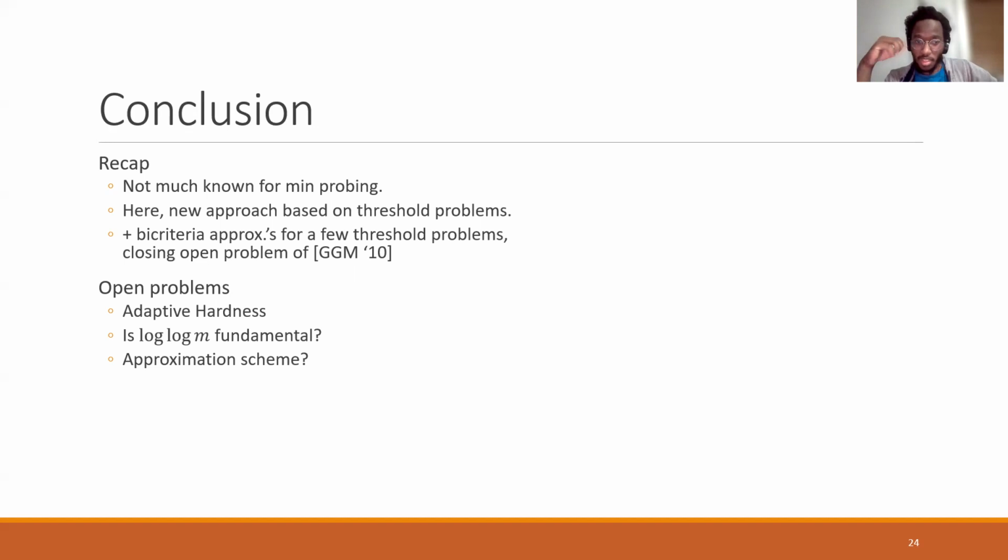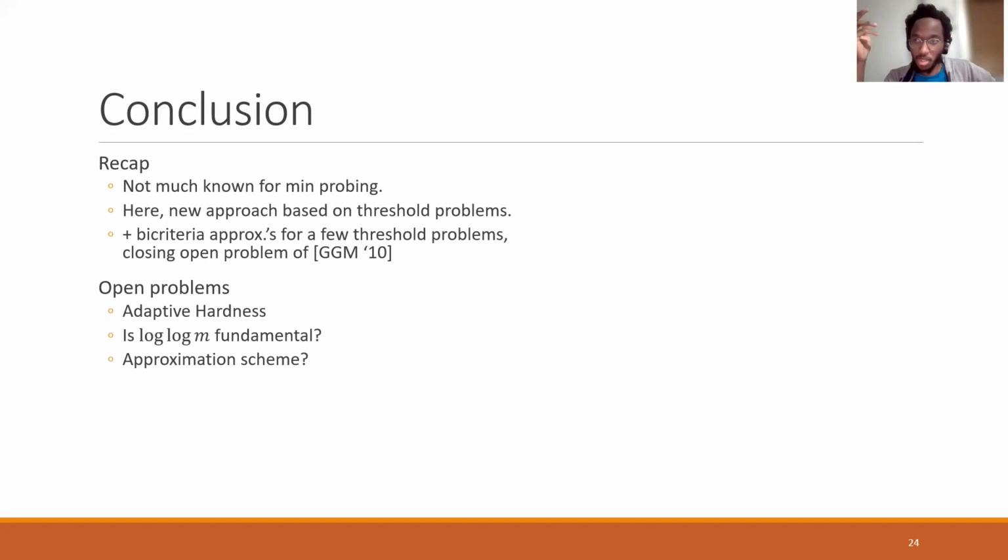Another open problem is, in our cost factor, there's a log m there, and there's also a log m in the how to probe for an extreme value cost factor. And so one question is, is that log m actually fundamental?